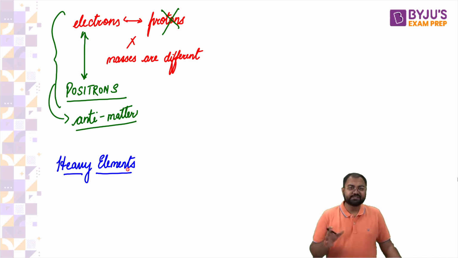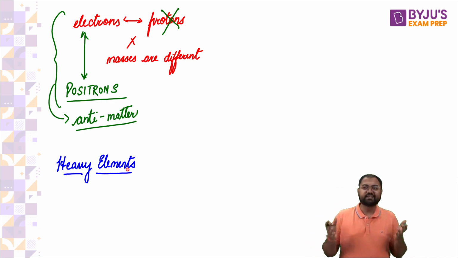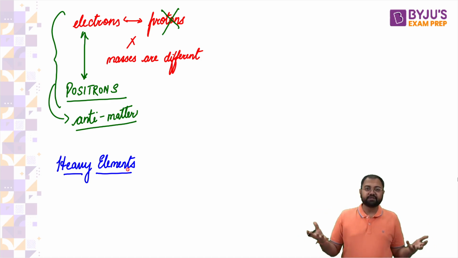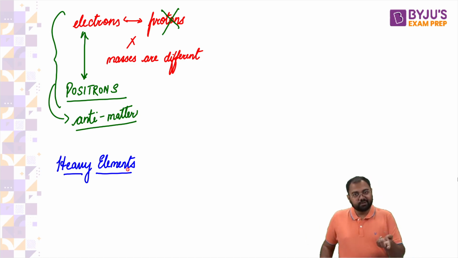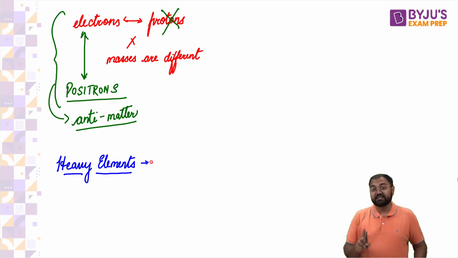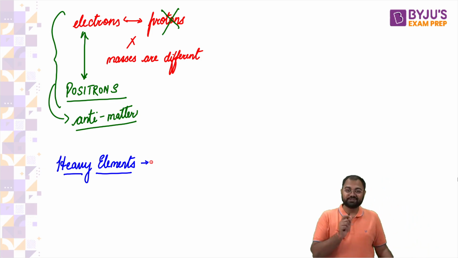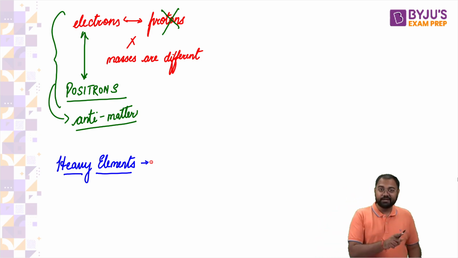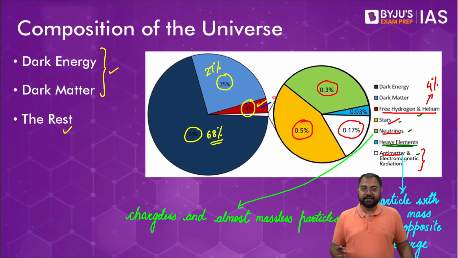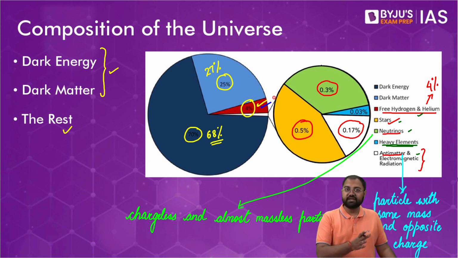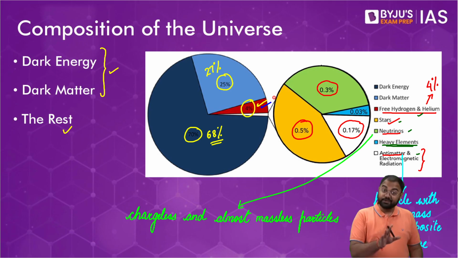In general, your understanding of heavy elements would be that anything that has a large atomic number or bigger atomic size should be called heavy elements. But in case of space technology, that's not the case. When we say heavy elements, what we mean is every other element apart from hydrogen and helium. We have accounted for hydrogen and helium already, that 4% of the entire universe is nothing but just hydrogen and helium.